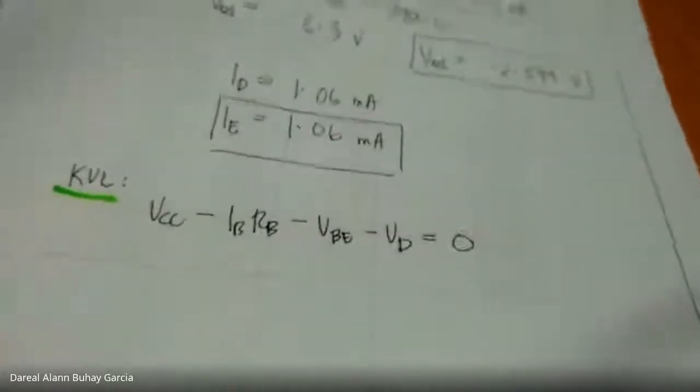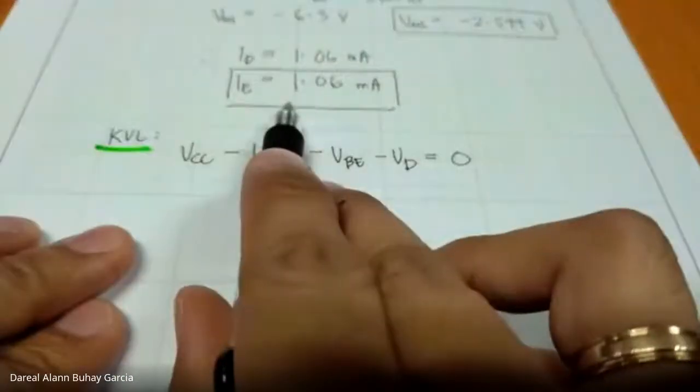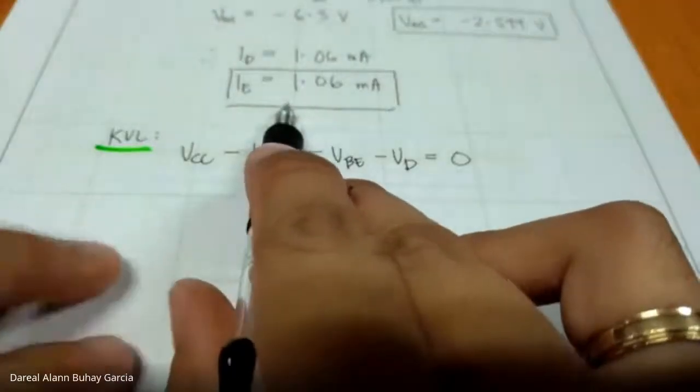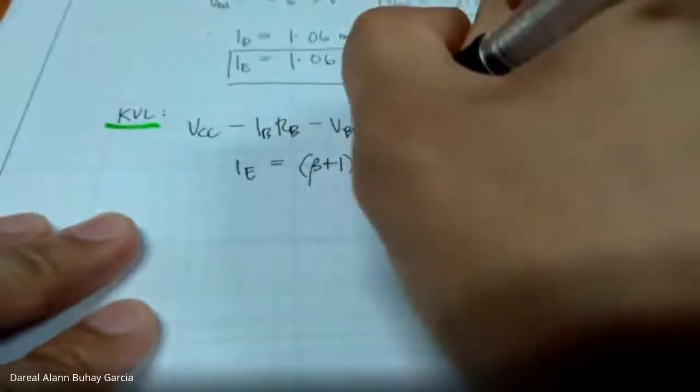I think everything is all set. VCC is given, 16 volts. We don't have IB yet, but we have IE and we have beta.